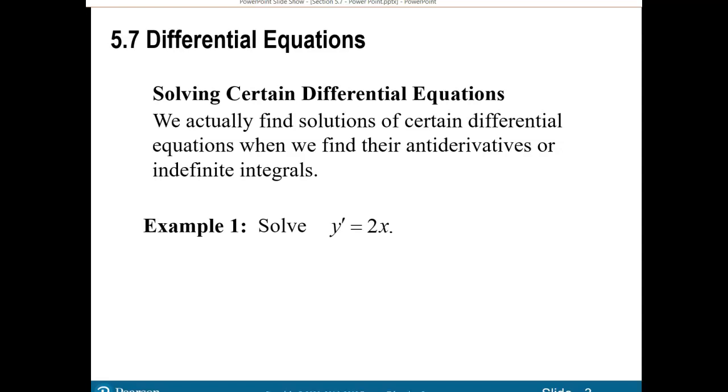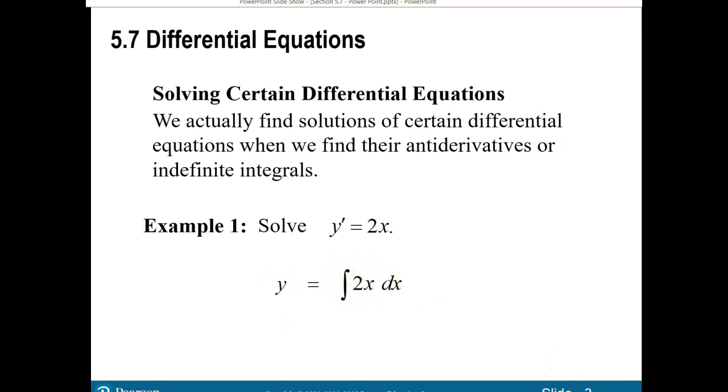All right, example 1. Solve y prime, or the derivative of y, equals 2x. We already talked about that when we work backwards and find an antiderivative. That is the process of solving an equation like this. So if we're given the derivative, y prime equals 2x, to find the function y, that's what we're looking for, we take the antiderivative of the derivative.